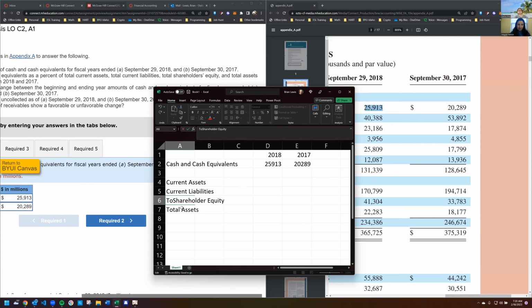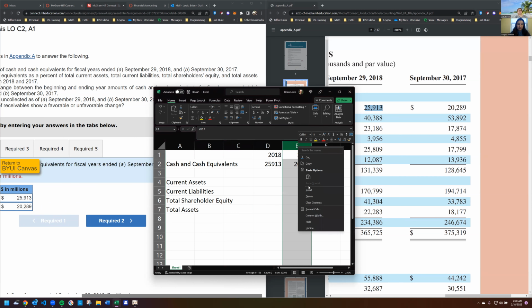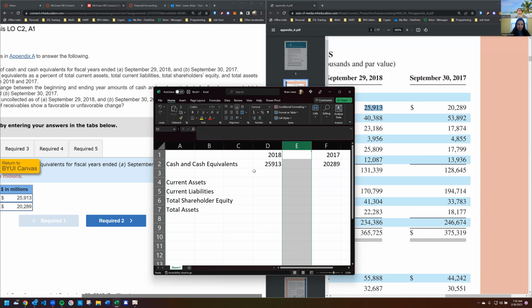I'm just going to do these totals. Then I have to go find these numbers, and let me insert a little column here because I'm going to need it later.